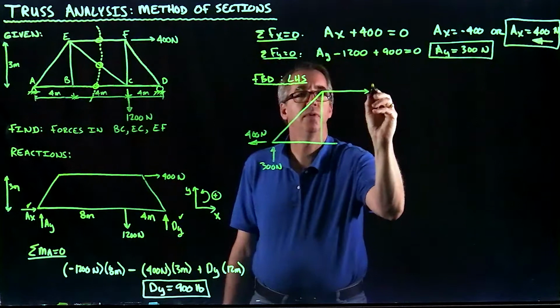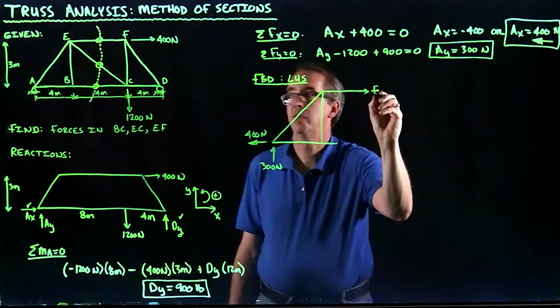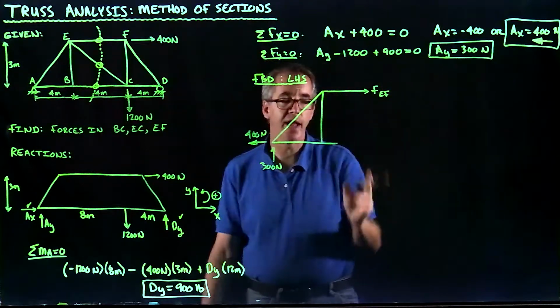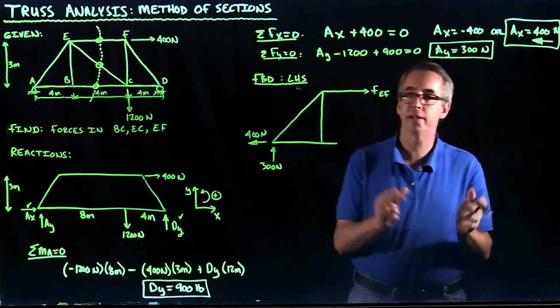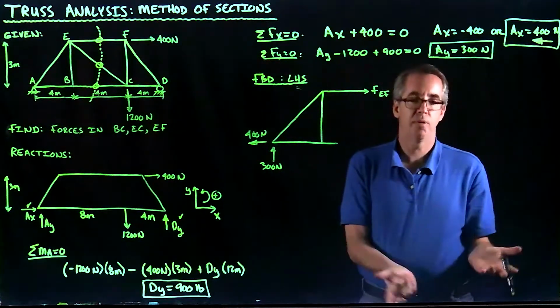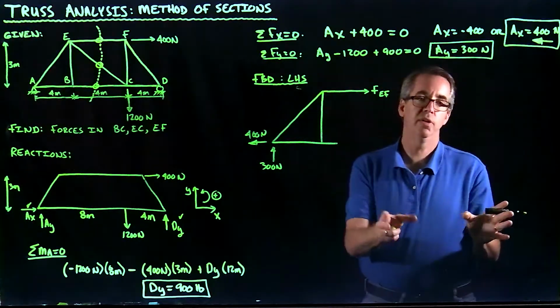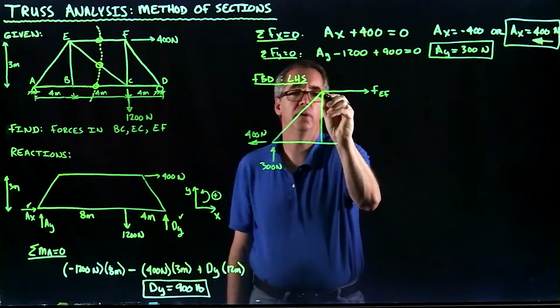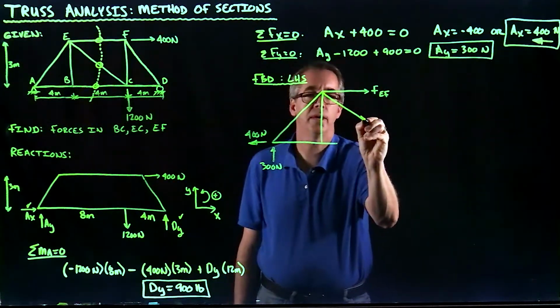I'm going to label this right here as the force in member EF. Notice I showed it in tension. That's pretty much the standard. Whenever you cut these members, we don't know if it's going to be in tension or compression. We assume they're in tension, and then we let the equations tell us if we were right or not. So this one was also a member that we cut.